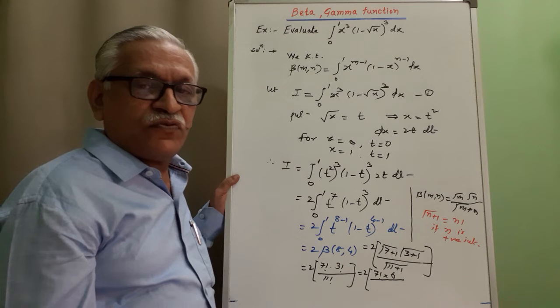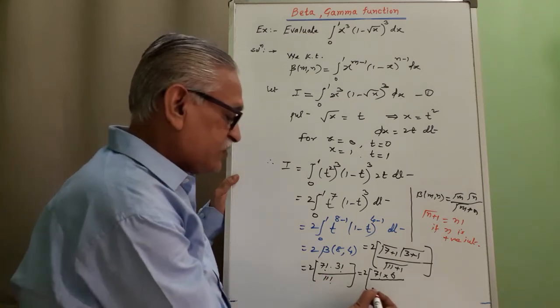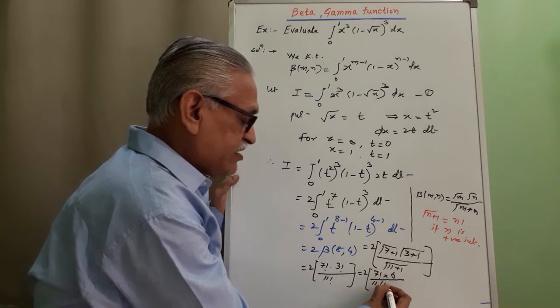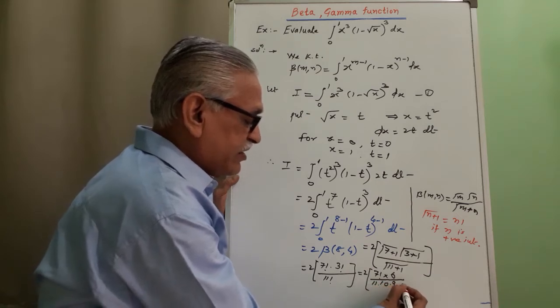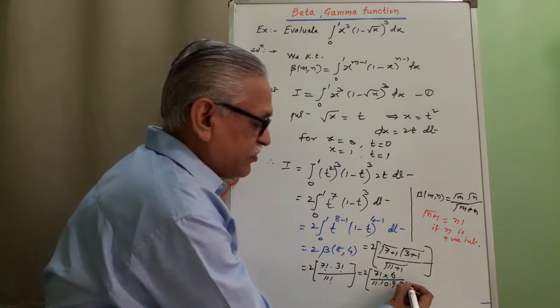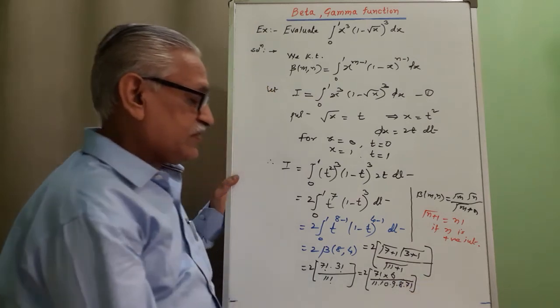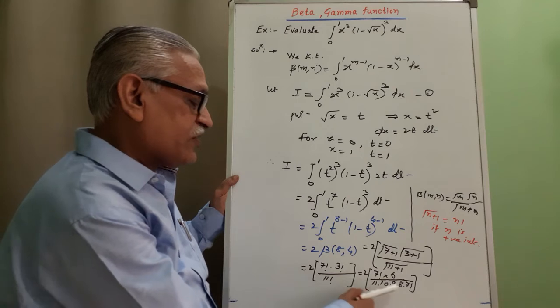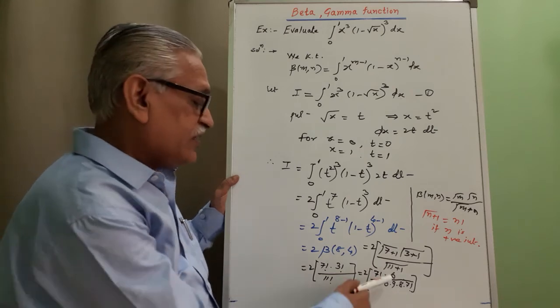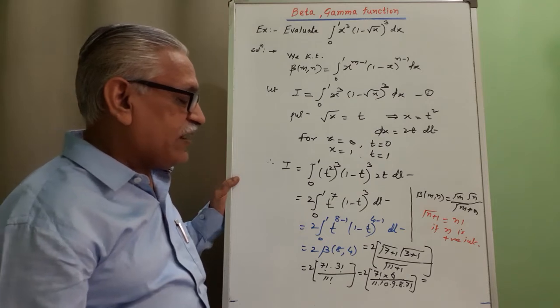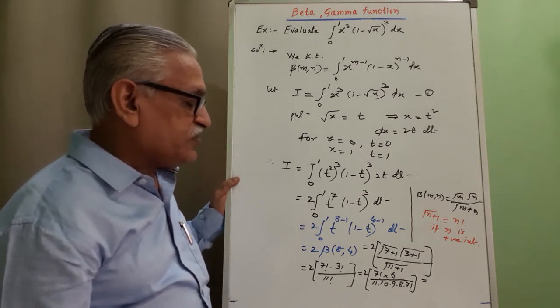Using the property of factorial, 11 factorial I can rewrite as 11 into 10 into 9 into 8 into 7 factorial, so that 7 factorial gets cancelled with 7 factorial. After simplification, we get the value as 1 upon 660.